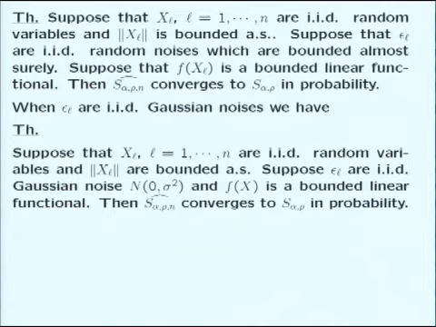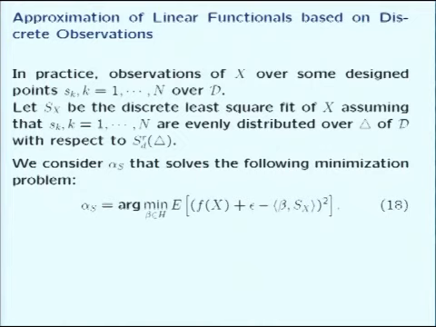And here, same results. I didn't put the rates of convergence, but you have convergence in probability of the estimates towards the real quantity, I mean the quantity S alpha rho. Same thing here when the noise is Gaussian.